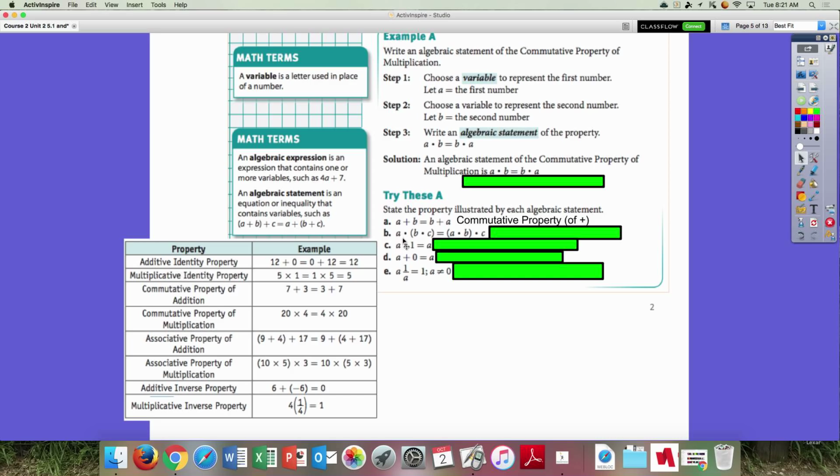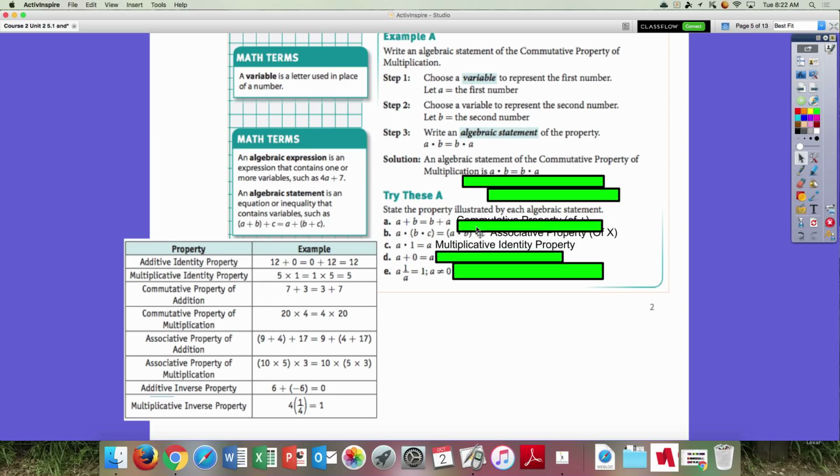This one, the letters are not moving, but the parentheses are moving, right? So what's that going to give me? That's the associative, right? What's being associated together is what's moving. All right, and then this one, a number times 1 always equals that number.